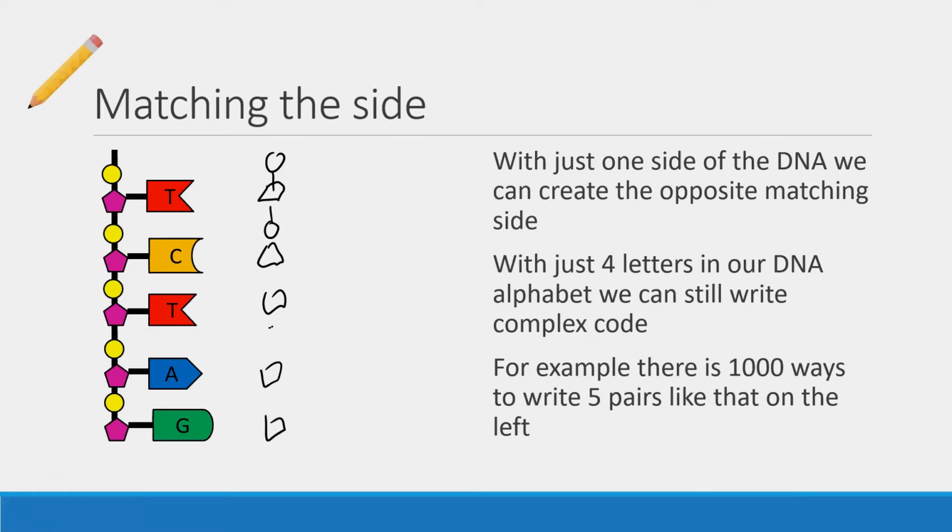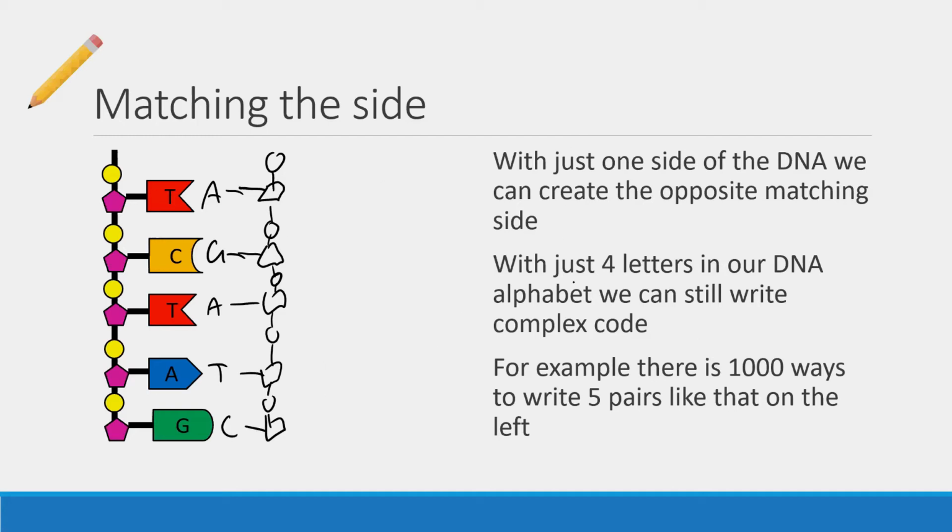I'm going to do squares because drawing pentagons in a hurry is difficult. So for example, T always bonds with A. We know that C always bonds with G. T always bonds with A. A always bonds with T, and C always bonds with G.